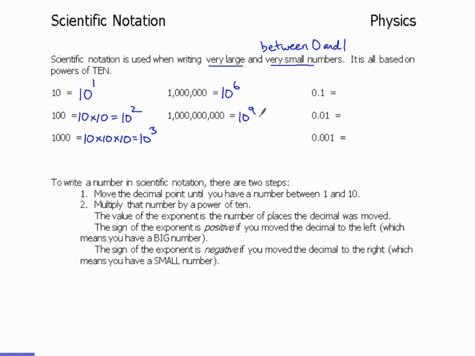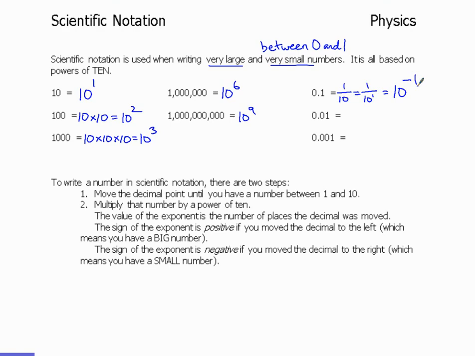Then we have things that are less than 1, between 0 and 1. This 0.1, in math we would call 1/10, or you could say 1 over 10 to the first power. When you have a positive exponent on the bottom of a fraction, you can express it as a negative exponent.